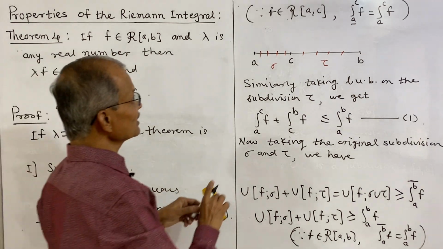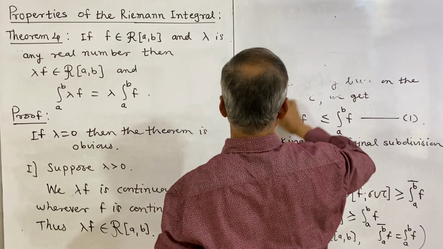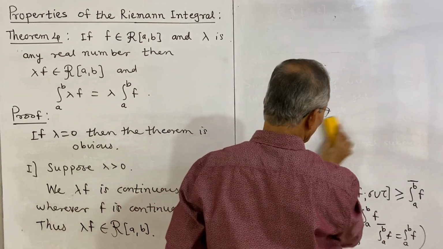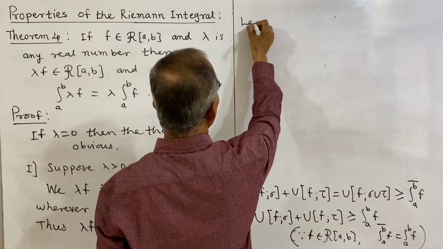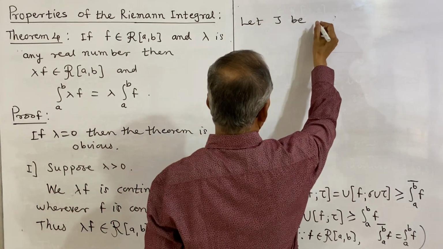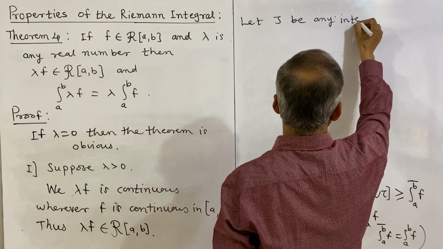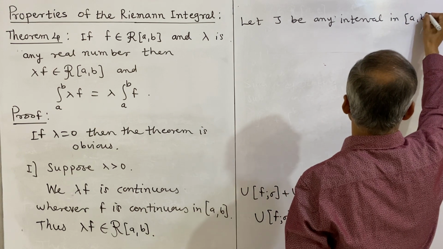Now what we should consider next is that lambda is greater than 0, and we will consider the maximum value of function f. Let j be any interval in a to b.